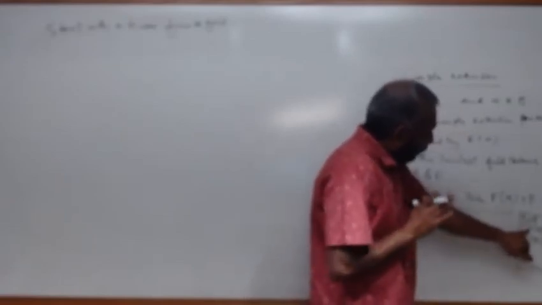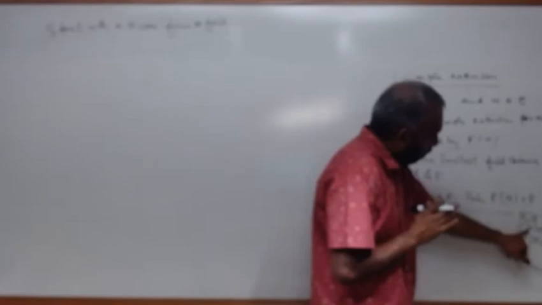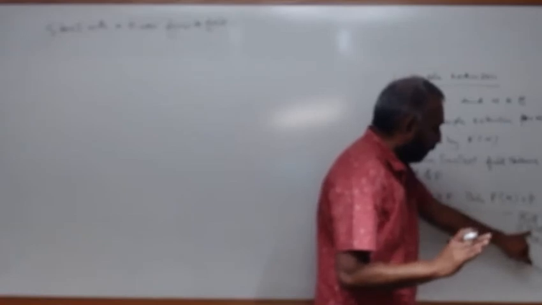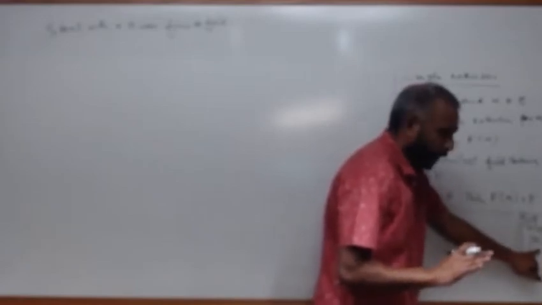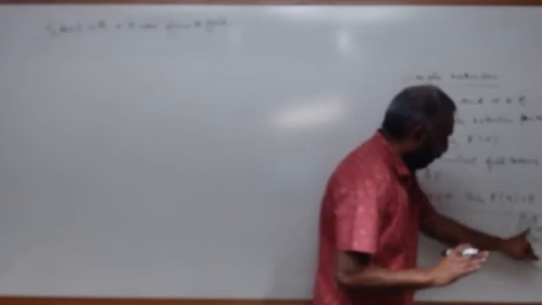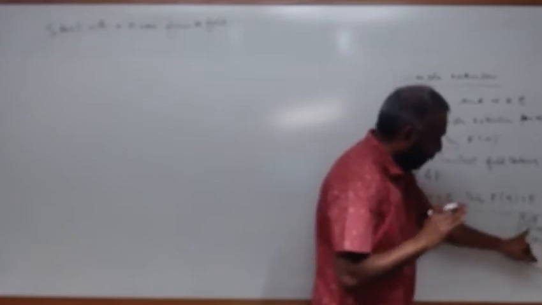So we want to pick an element outside F. If it's already in F, that's not what we want. But outside F, at the same time it's algebraic over F. That is the kind of element we want to choose.